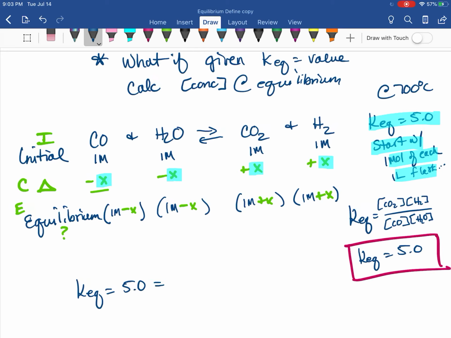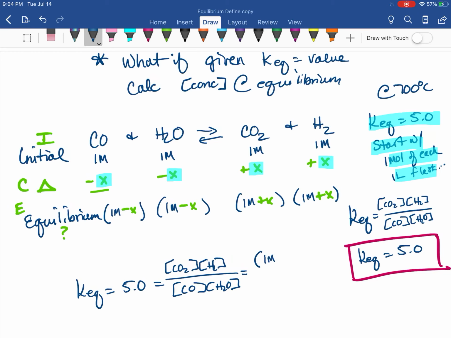Our KEQ is 5, and that 5 is our CO2, H2, over CO, H2O.